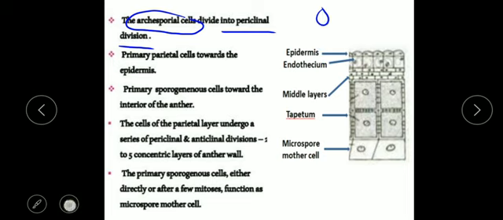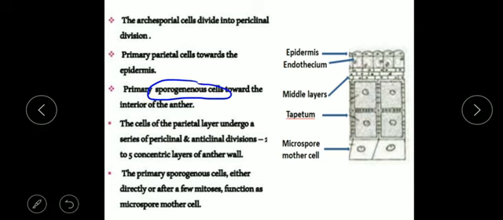Like this they will form multiple layers of the anther wall. And coming to the sporogenous cell, it will undergo a few mitotic divisions, and then act as the microspore mother cell.